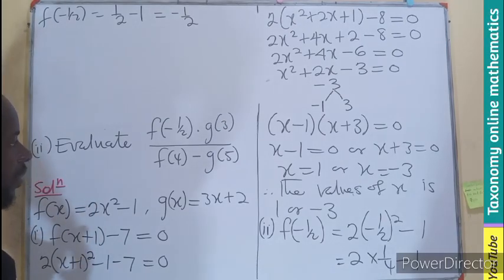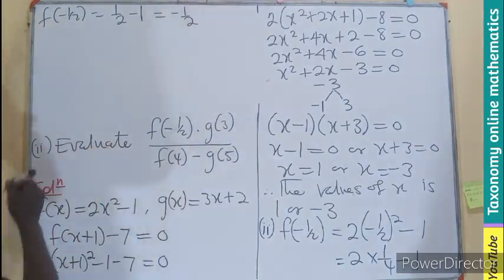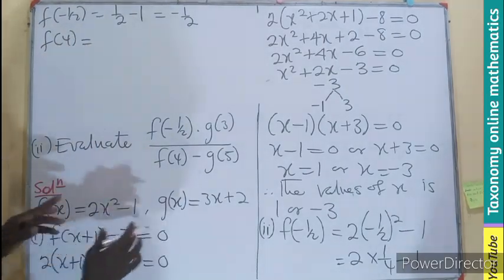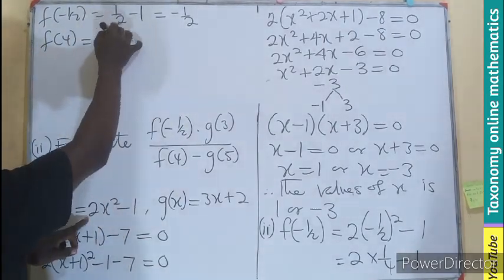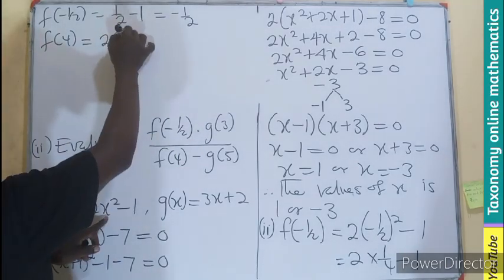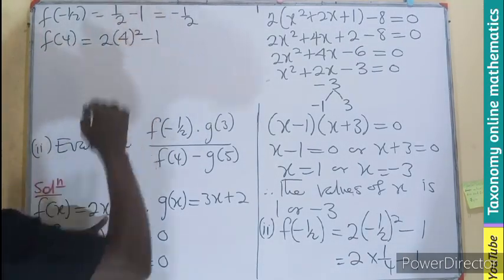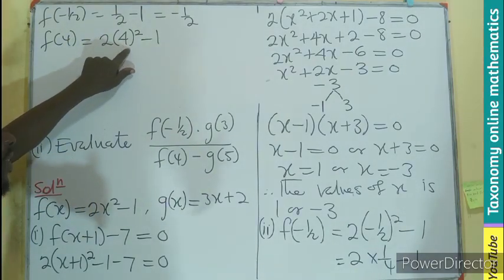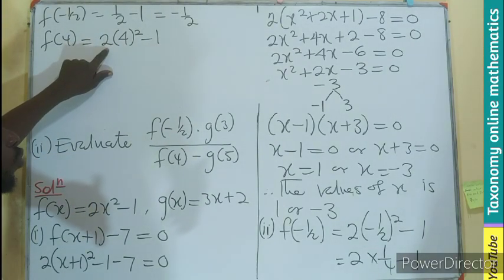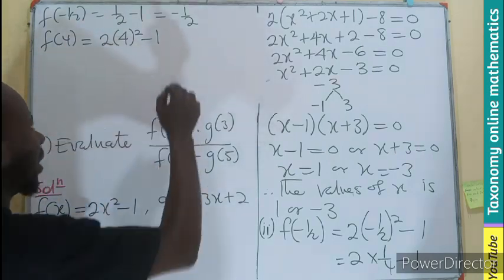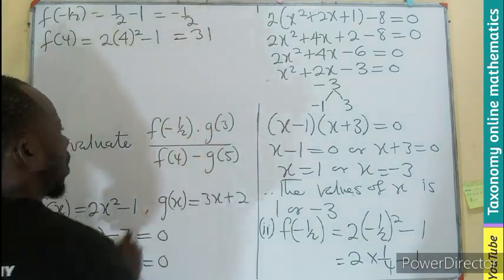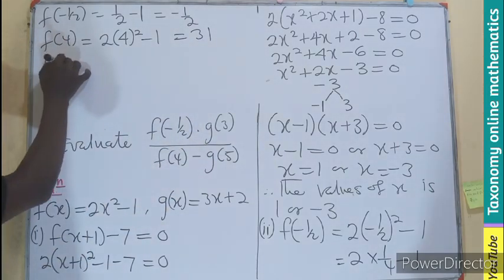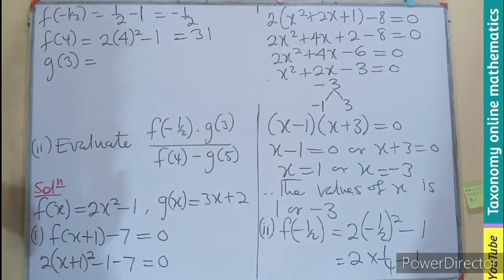Okay. So let's go for f of 4, the image from the same function. It's 2x, and what is the x? 4, all squared, minus 1. This is going to be 16. 16 times 2, 32. Minus 1 will be 31. So we are done with that. Let's pick the image of 3 under g.